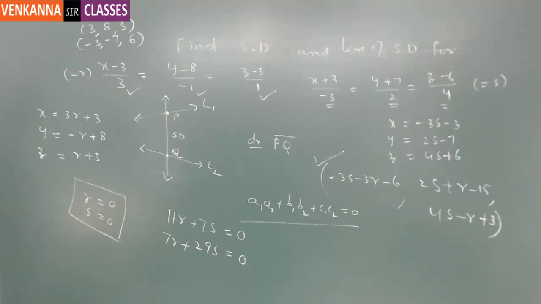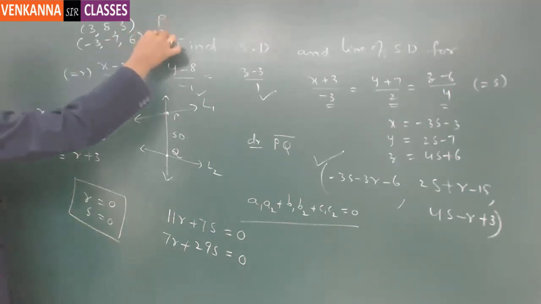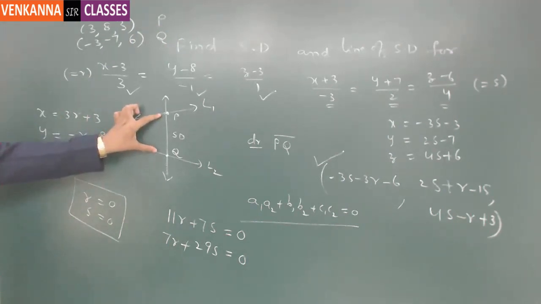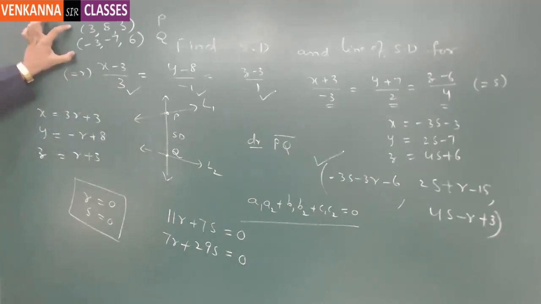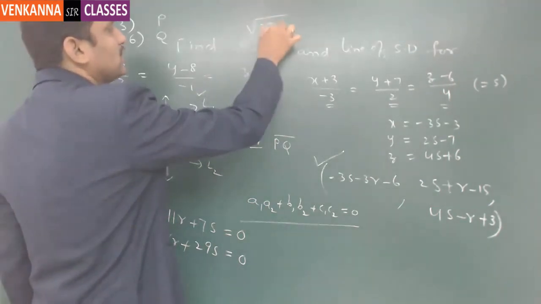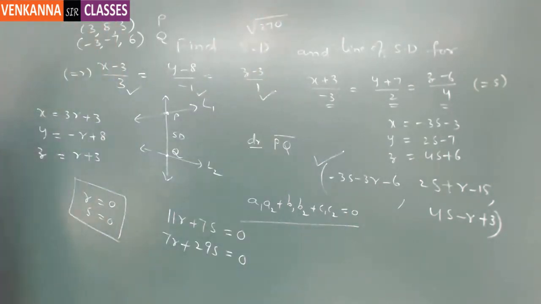Now you have determined the points P and Q, hence for the distance between these two, apply the distance formula, square root of x2 minus x1 whole square plus y2 minus y1 whole square plus z2 minus z1 whole square. For the 2 points, I think you are going to get the value as square root of 270. Now, any questions for anybody over this approach?